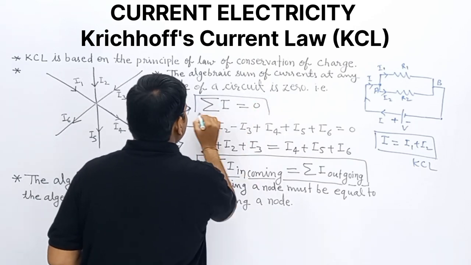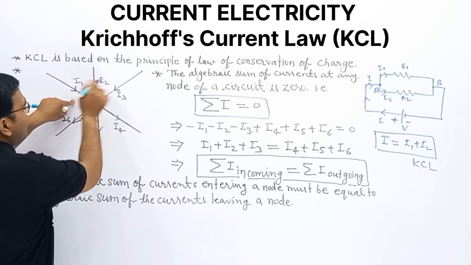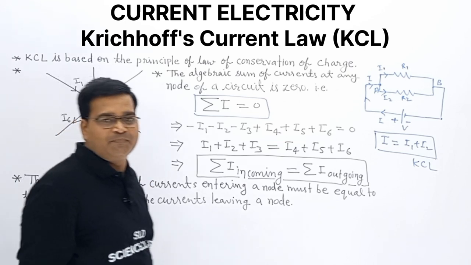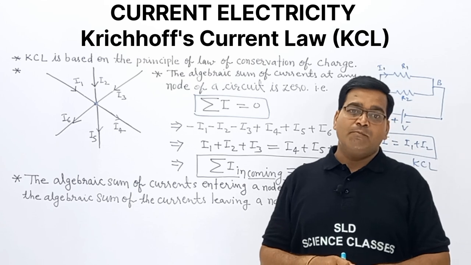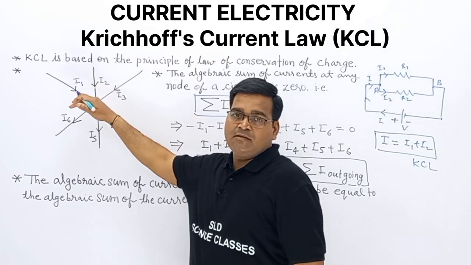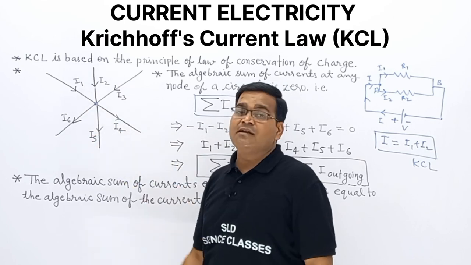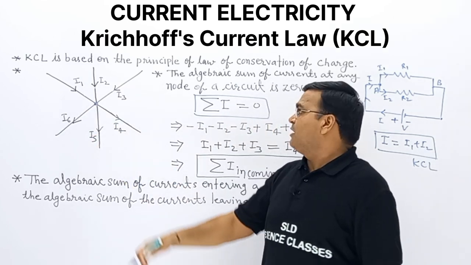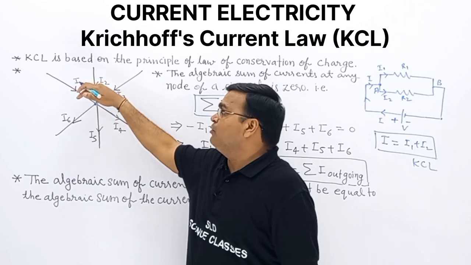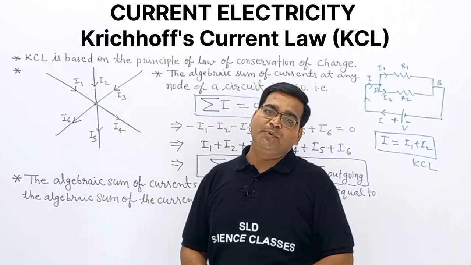At this node, the sum of all currents will be 0, but incoming currents are taken as negative and outgoing currents are taken as positive. We can also take incoming current as positive and outgoing current as negative. It depends on the person.